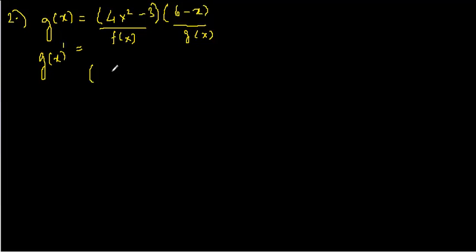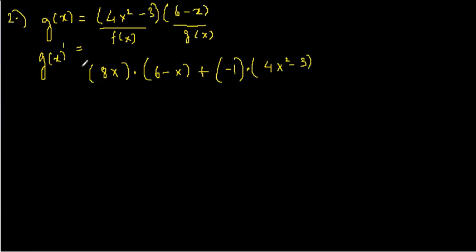The derivative of f of x is 8x, times the original g of x, which is 6 minus x, plus the derivative of 6 minus x, which is negative 1, times the initial f of x, which is 4x squared minus 3. So that is g prime of x.